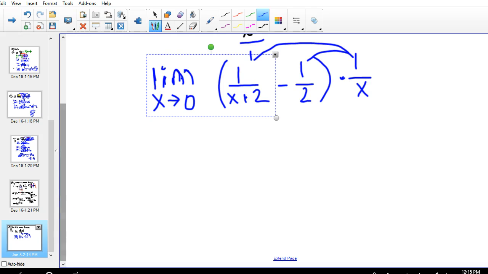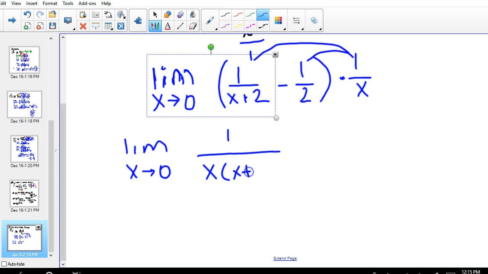And so when you distribute here, you still got your limit as x approaches 0. And you've got 1 over, and in the bottom you'd have x times x plus 2 minus 1 over 2x.